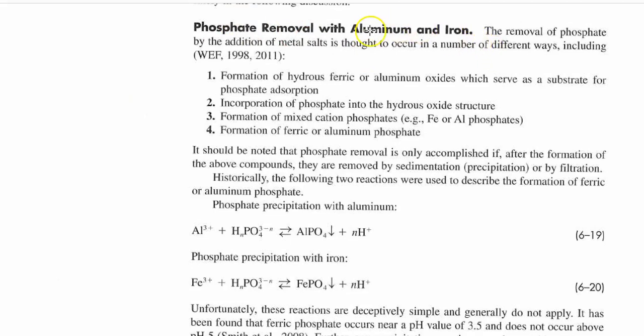Phosphate removal with aluminium and iron, that's by far the most common. But as you will see, calcium can also be used, and it is used in a few cases. But here we see the basic chemistry.